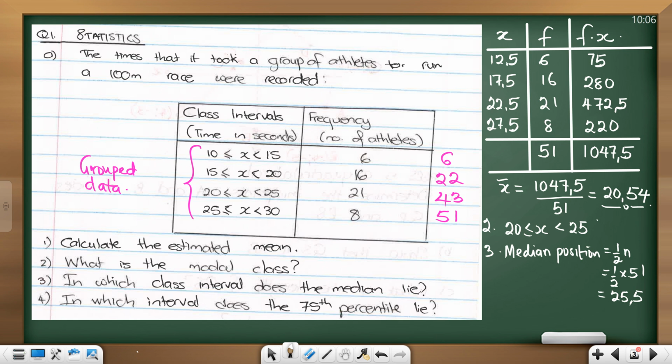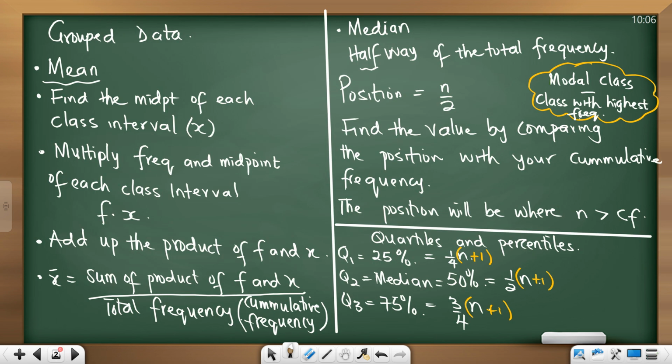Is that okay? Or, no, let me change it. It's in the third class interval. Let's change that note so that it doesn't confuse you. The position will be where n is less than the cumulative frequency. Just change this for me.